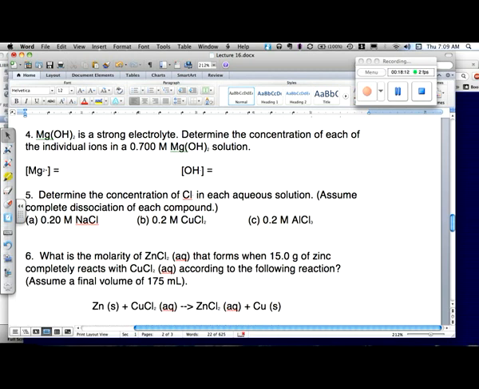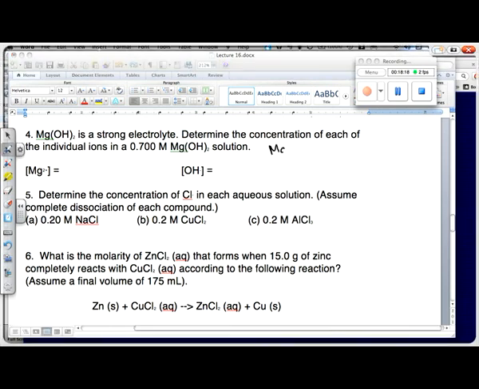So if I have magnesium hydroxide and I break it up into its ions, a strong electrolyte, so it breaks up completely into magnesium ions and hydroxide ions. The 2 comes in front, as we learned in doing our ionic equations.